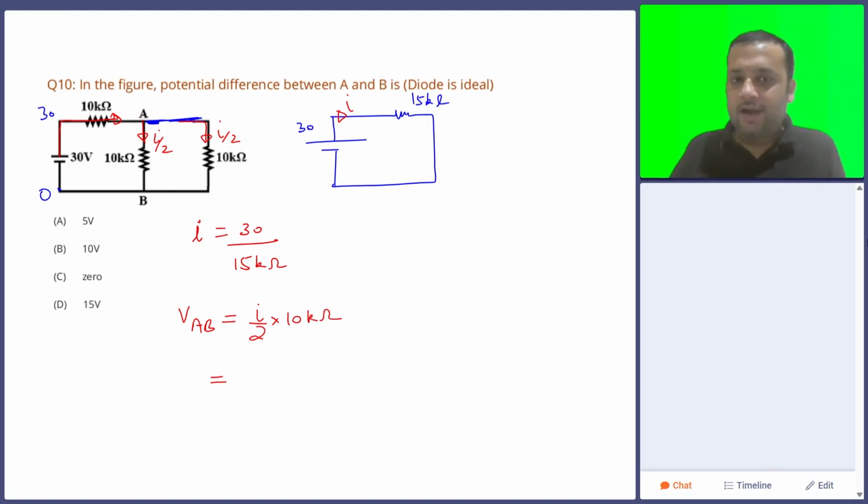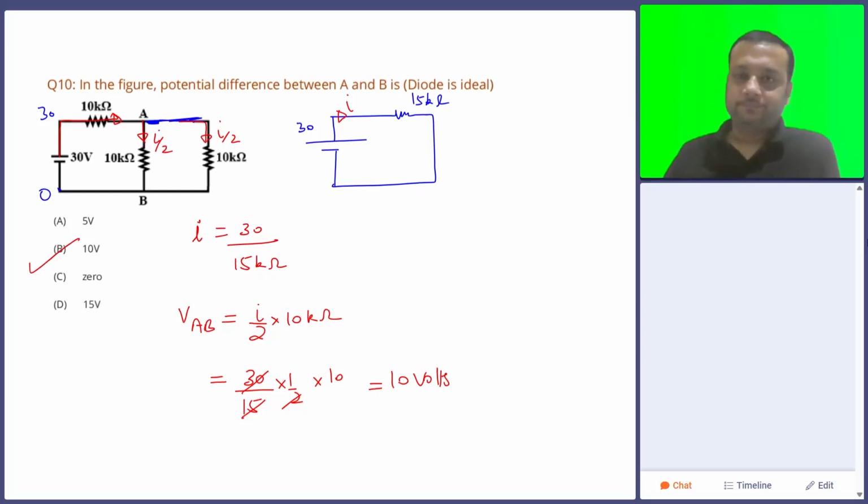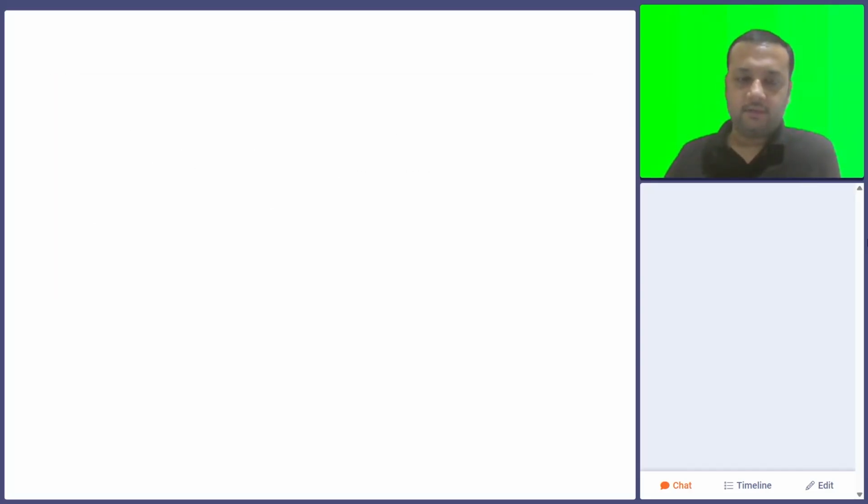What is I? 30 upon 15 kilo ohms. We have to take half of it into 10 kilo ohms. So from here you can see that the 15 and 30 will cancel out and this will become 10 volts. So option B will be the correct answer for this question. Let us see the next one.